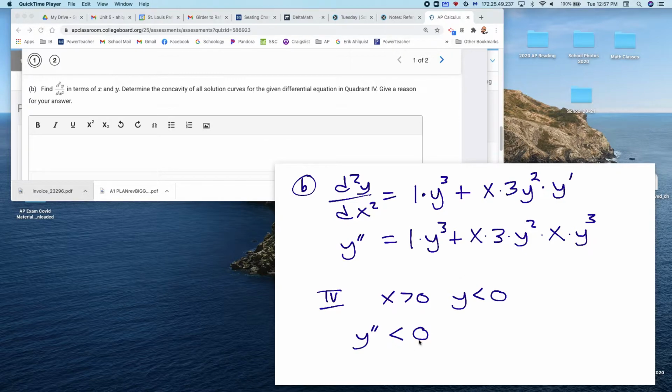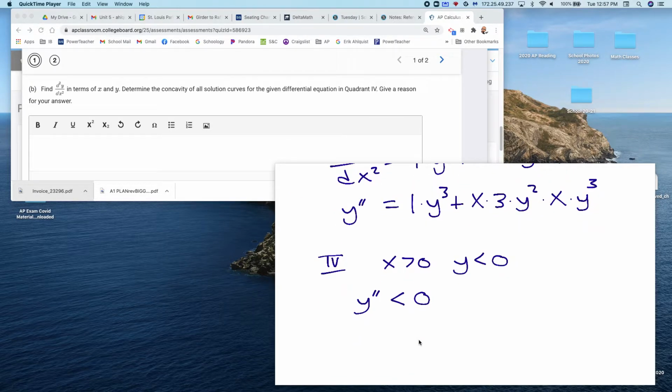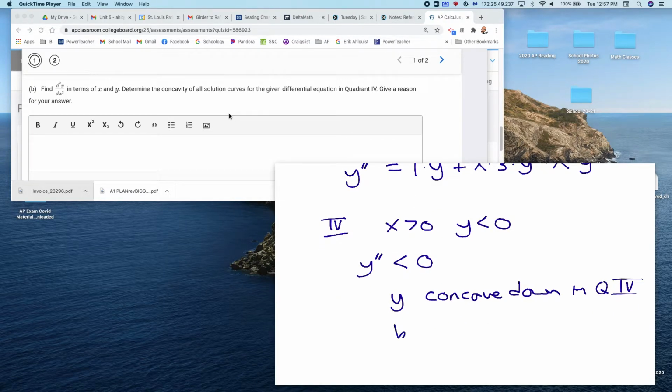So the second derivative is going to be negative, which means that y is concave down in quadrant 4. So that's what I would do for part B, and it's because the second derivative is less than 0.